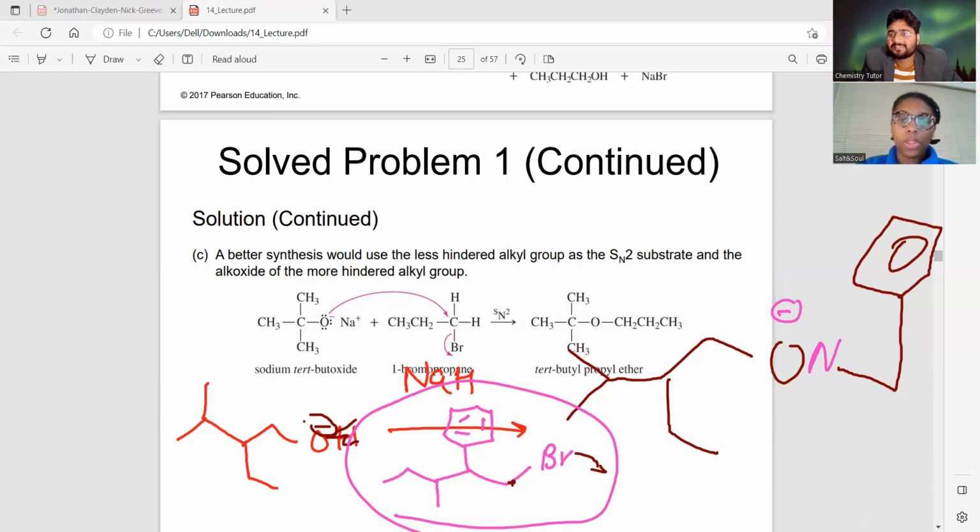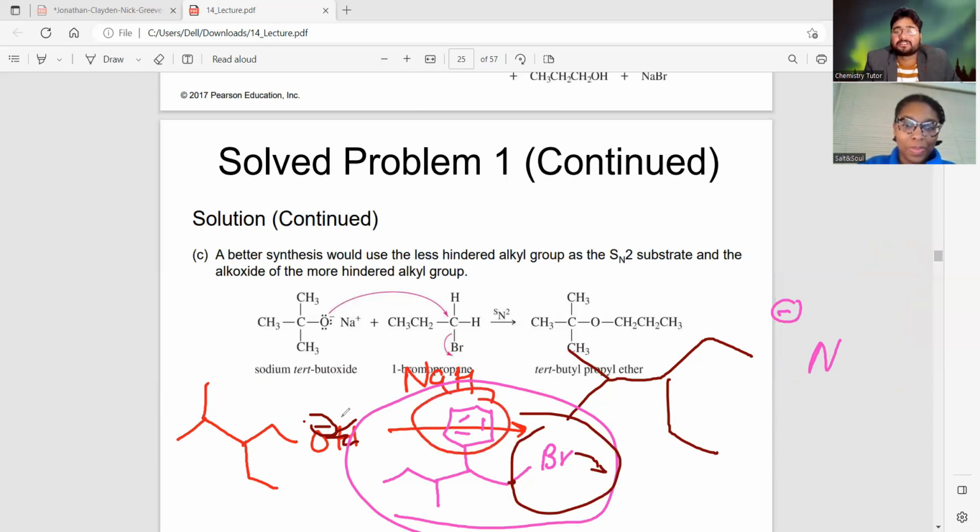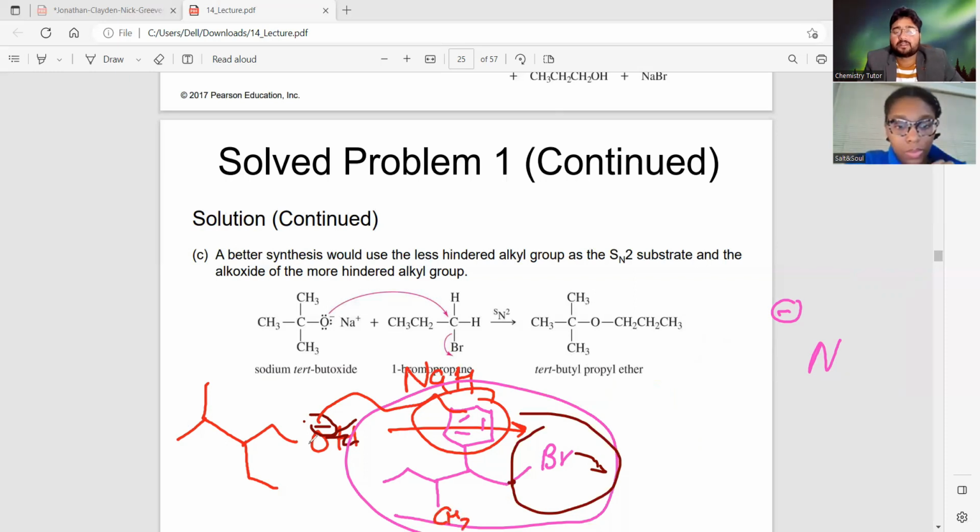This part looks unhindered to me. How can it look unhindered? This phenyl ring will not allow easy approach of the alkoxide from either side. This is a very bulky group, and this methyl is also on the bottom side. It will not allow this oxygen to approach this primary carbon. So you will get only alkoxide, and you will not get your final product.